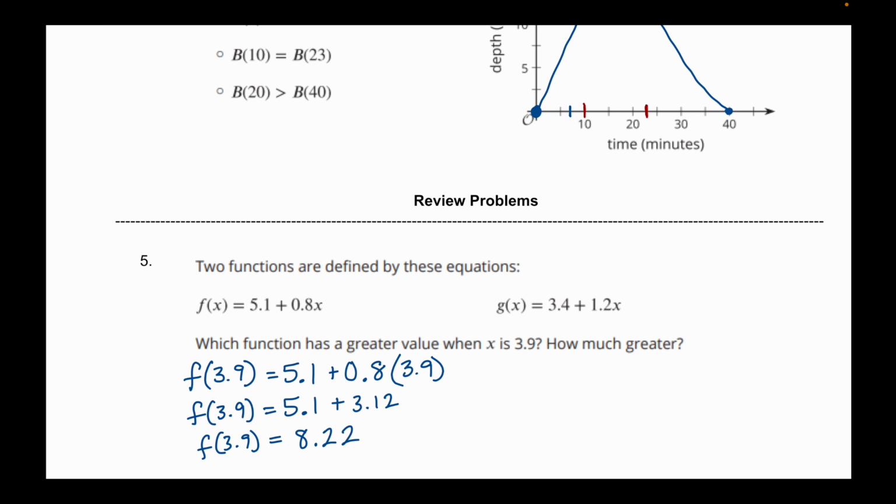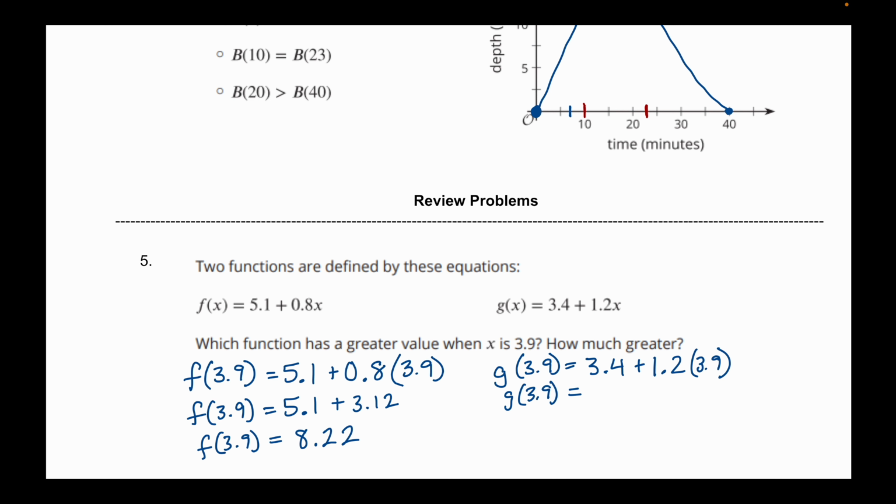Okay, so we now have to answer what is g, or the value of function g at 3.9. We're going to do the same thing. We're going to take that number and plug it in. So we're going to take 1.2 and then in parentheses put our 3.9. So g of 3.9, we're going to do 1.2 times 3.9.